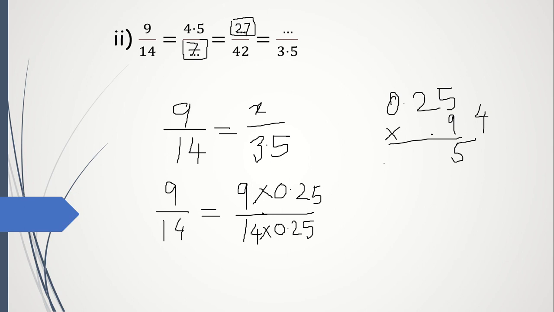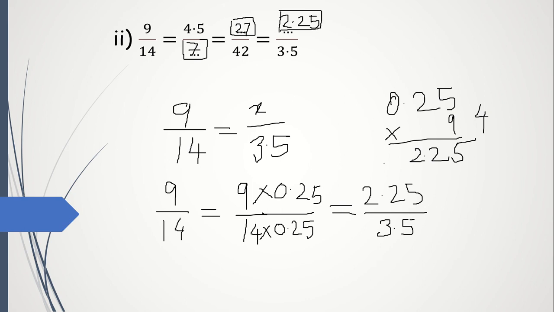Nine twos are 18, and the decimal point after 2 places, 1, 2, 2.25. So 2.25 I'll get here, and in the denominator 3.5. So here I will get 2.25. Okay, all these numbers to be put in the box.